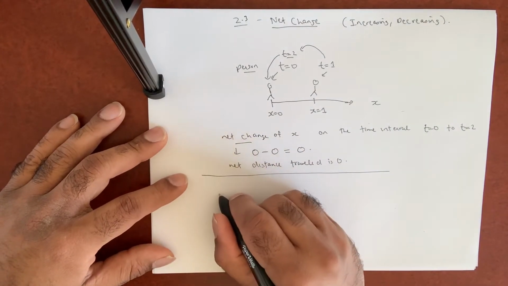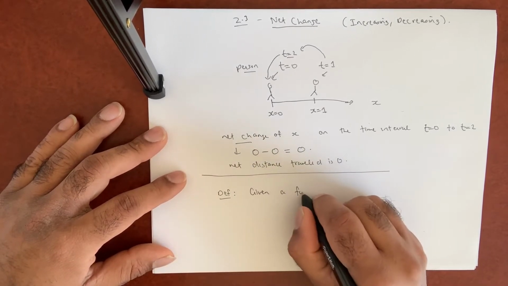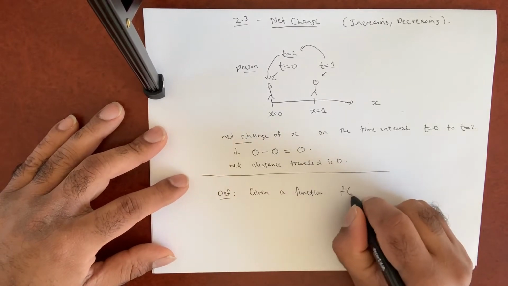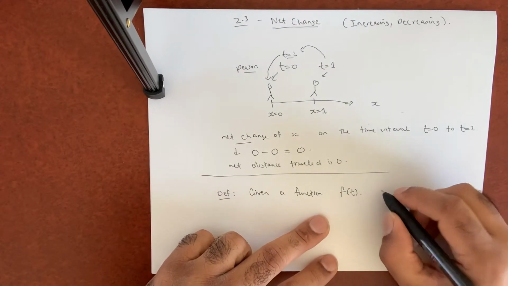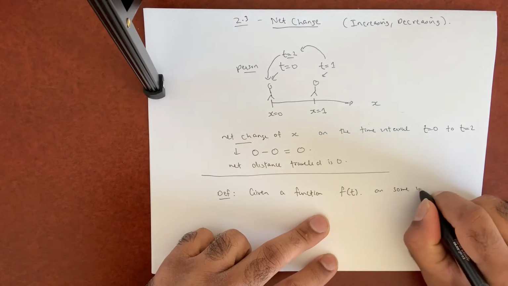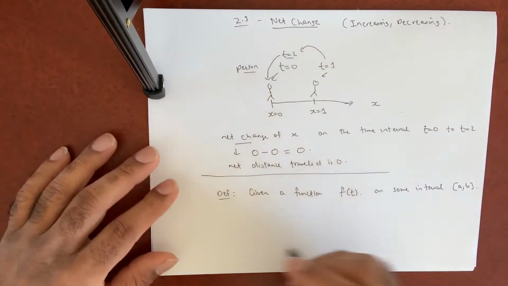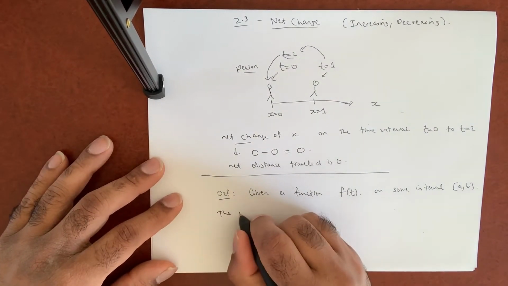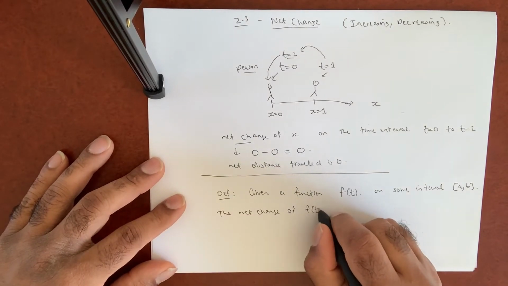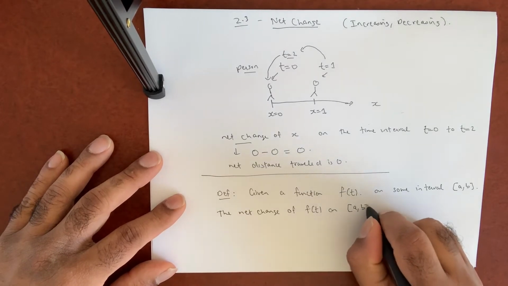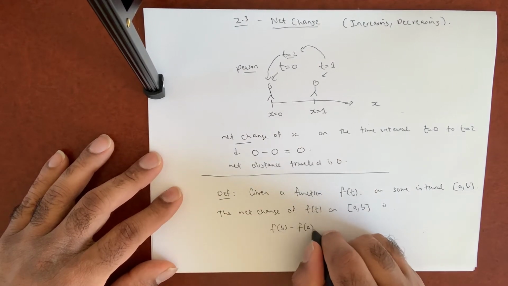So let's define, a little bit more formally: given a function, let's call it f of t, thinking of it as happening in time, on some time interval a to b, the net change of f of t on this interval a to b is f of b minus f of a.